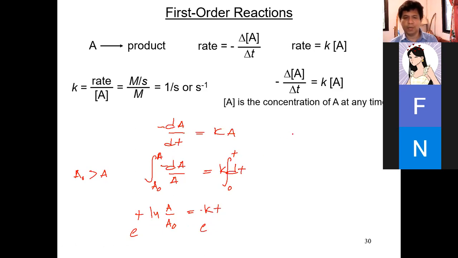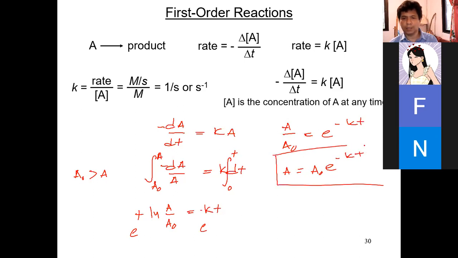Pag ginawa niyo yan, you will have A over A sub 0 is equals to e to the negative kt. So ito yung standard form ng equation ng first order. Ito yung kailangan niyong tandaan: A is equals to A sub 0 times e to the negative kt. So ito yung isang importanteng equation.